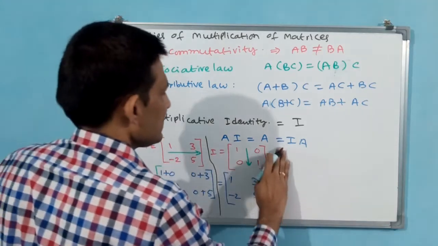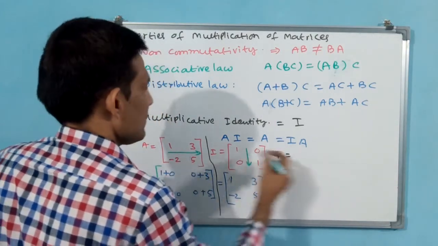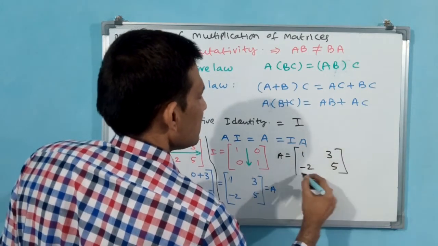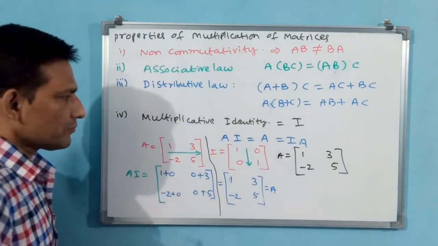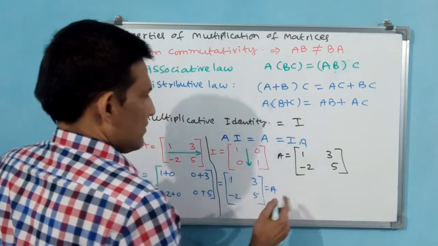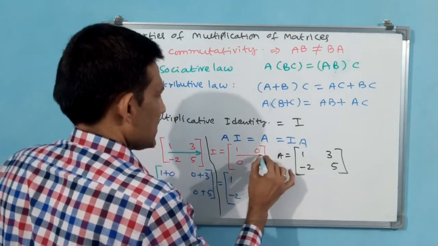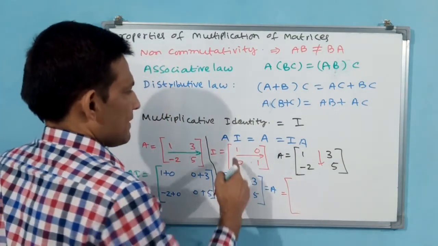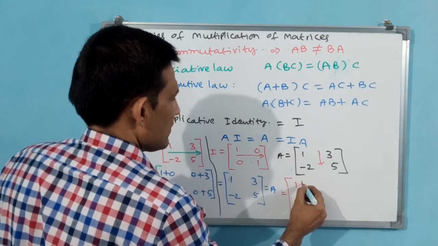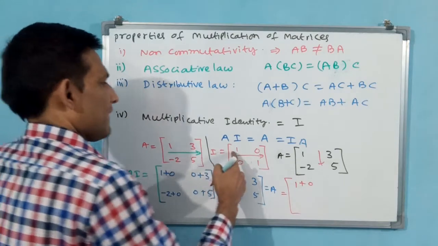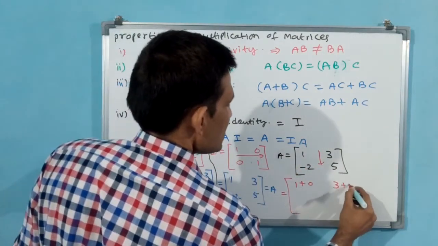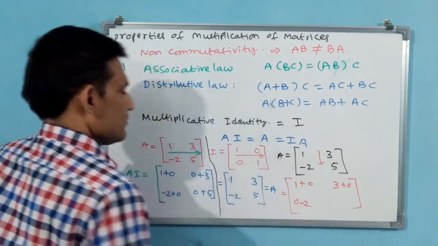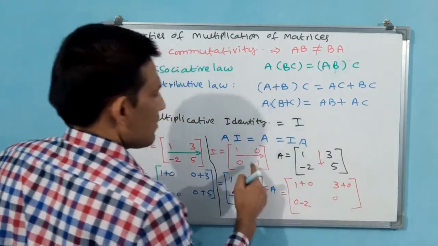Again I am writing A: 1, 3, minus 2, 5. 1 into 1, 1, plus 0 into 2, 0. 1 into 3, 3, plus 0 into 5, 0. 0 into 1 is 0, plus 1 into minus 2 is minus 2. 0 into 3 is 0, plus 1 into 5 is 5.